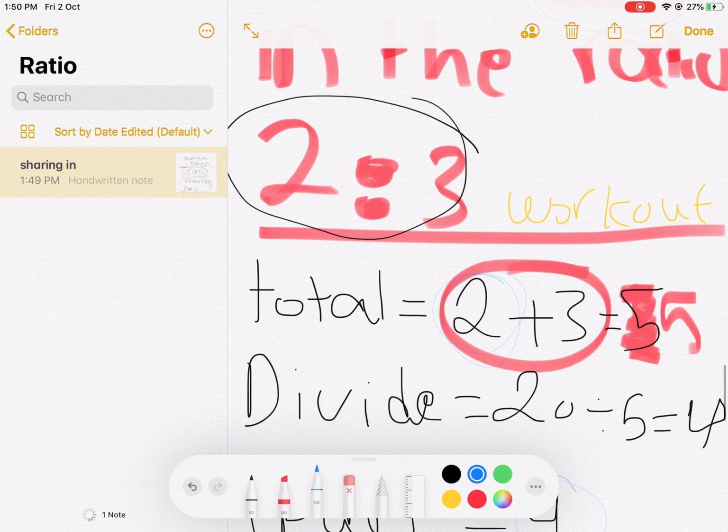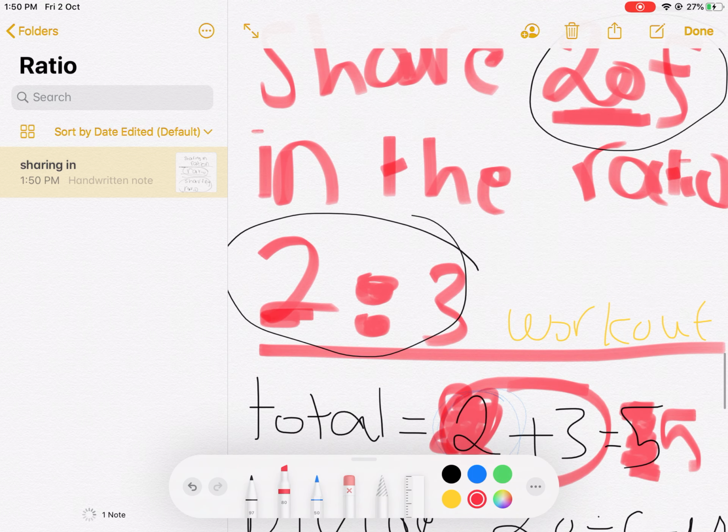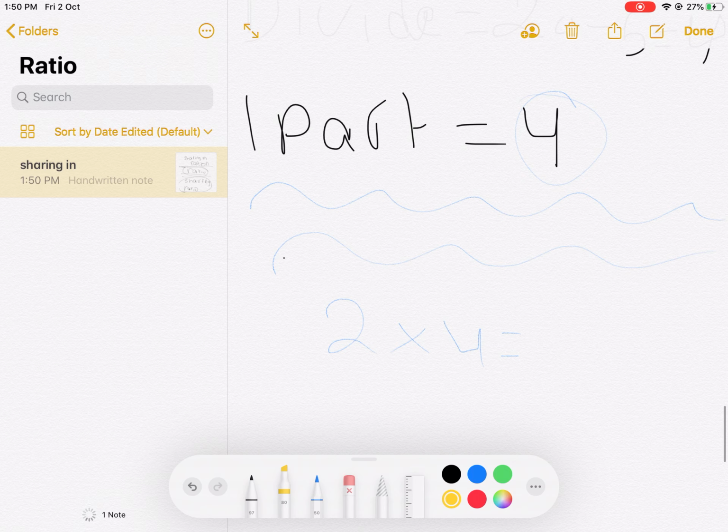Because we take 2 from here, and we times it by 4. But where do we get 4? From here. Good job. So we times it by 4, so we get what? Yes, correct, 8.